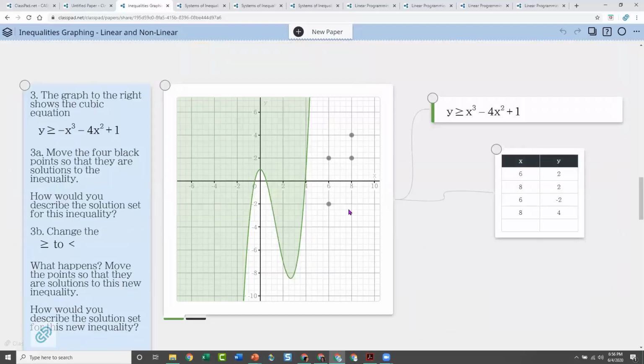So lots of different examples of inequalities, so that they understand it doesn't have to always be a line. I know that we tend to start with inequalities that are always linear, but inequalities can be other types of graphs. So you want to introduce that, to help them understand what an inequality is and where the solutions are that satisfy an inequality, which is very different than the solutions that just satisfy an equation.